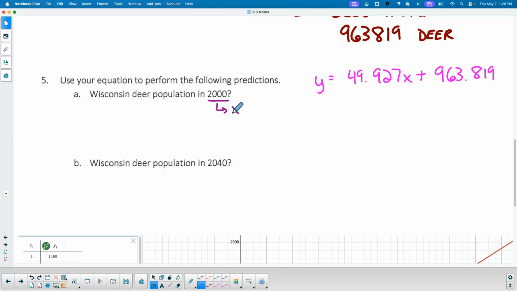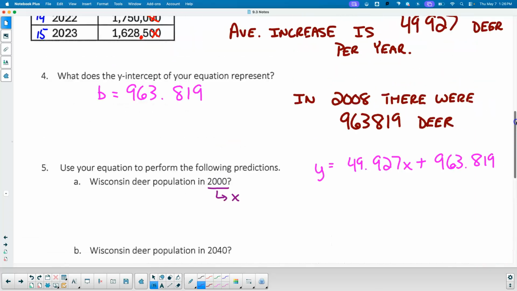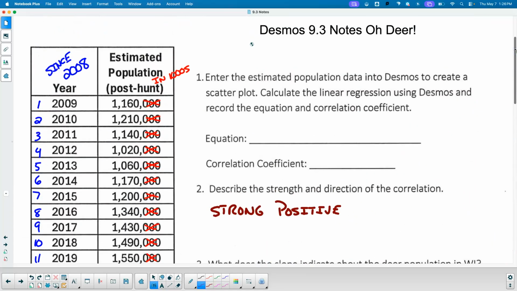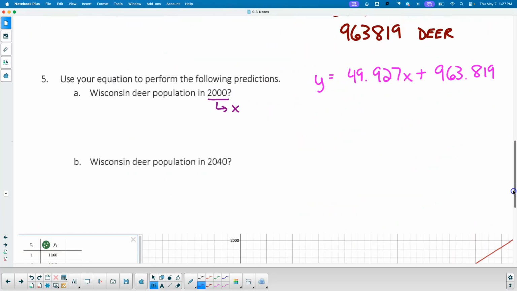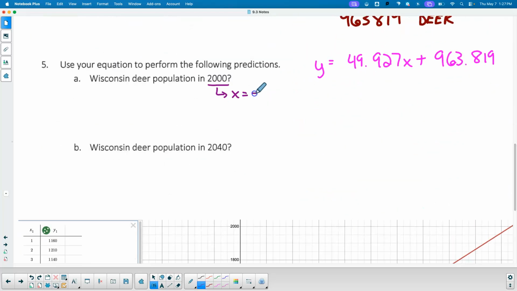Because remember, we said year 0 was since 2008. So the year 2000 would be the year -8. Right? So I have to put in -8 into my equation.